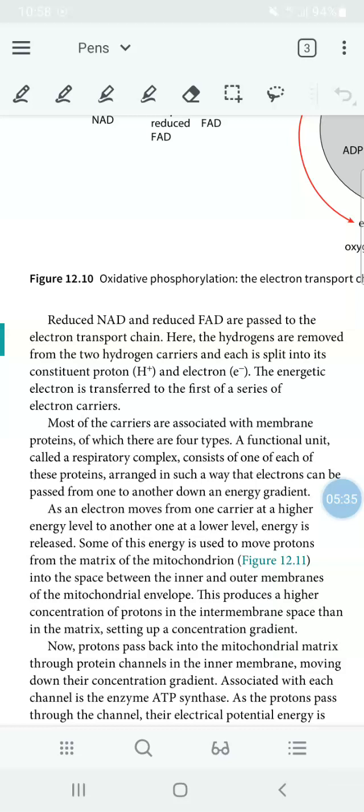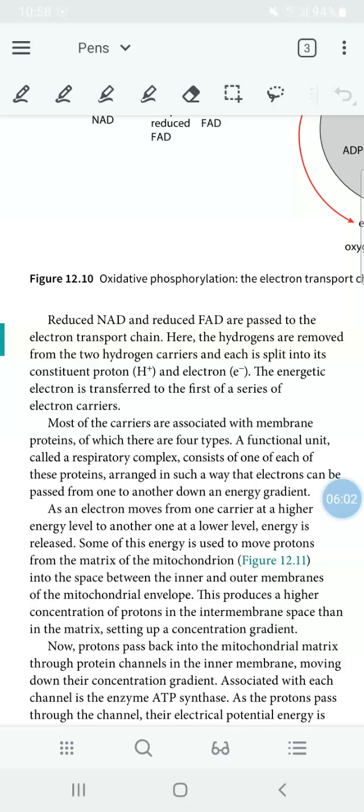Some of this energy is used to move protons from the matrix of the mitochondria into the space between the inner and outer membranes of the mitochondrial envelope. Right? So some of this energy is used to move protons from the mitochondrial matrix into the space between the inner and outer membrane of the mitochondrial envelope.